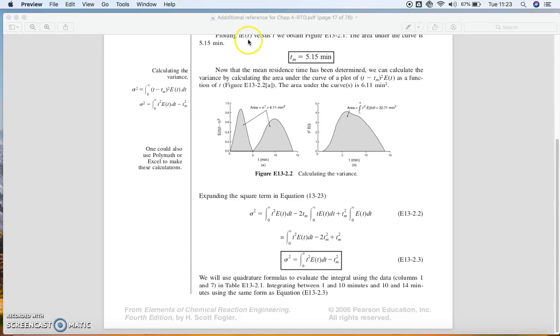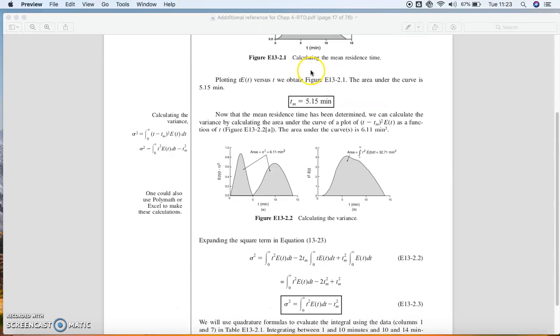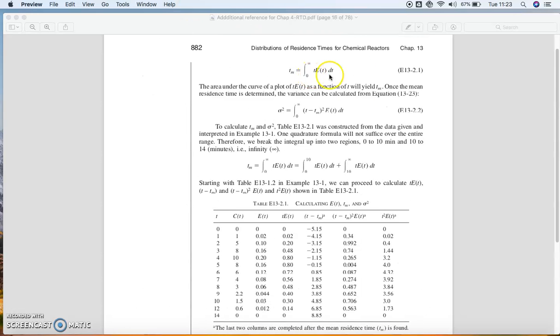So how are we going to calculate Tm? Tm is calculated using this formula: the integral of T times ET from 0 to infinity. You have already calculated ET, so in the end this is the kind of table you will produce. Initially the question gives you T and CT, and from example 13.1 you produce this column ET.